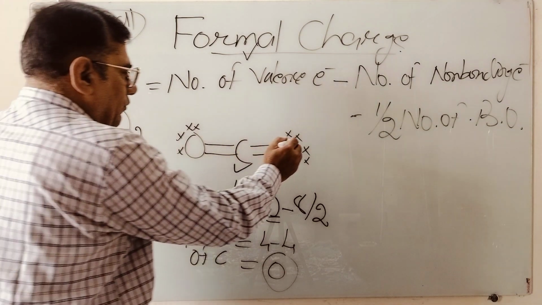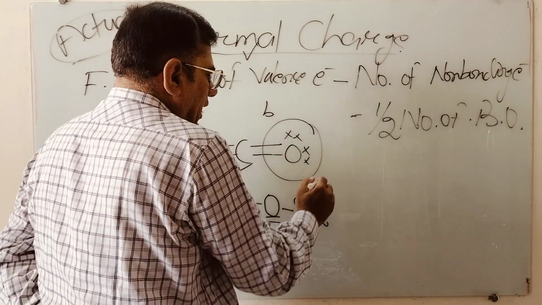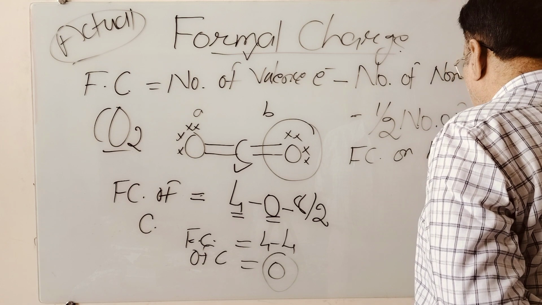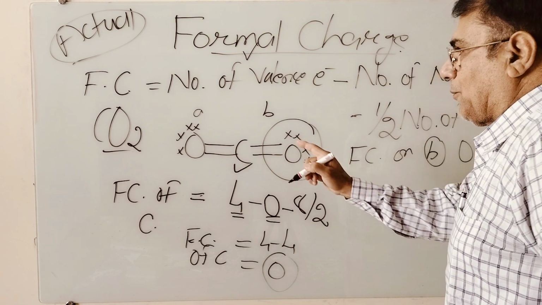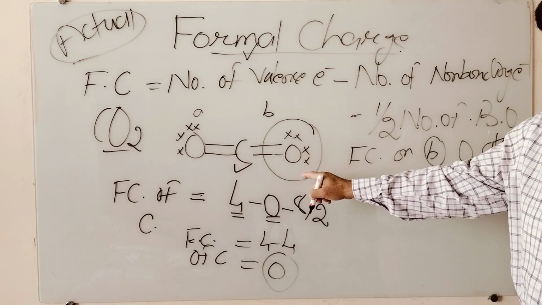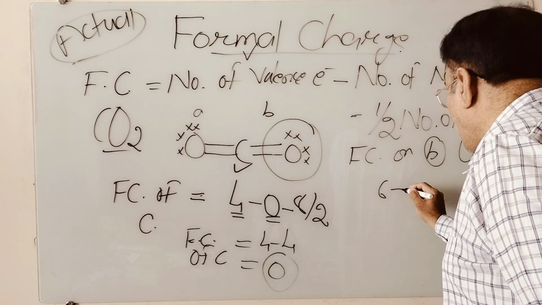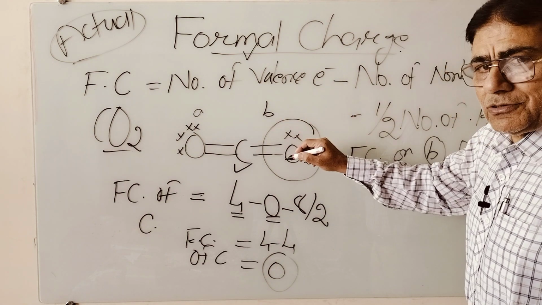Suppose I calculate the formal charge of this oxygen. Suppose this is A, this is B. I take the formal charge on B oxygen atom. What is the formula? Number of valence electrons in oxygen is 6. 6 minus non-bonding electrons. Here I have to look only at this oxygen atom.